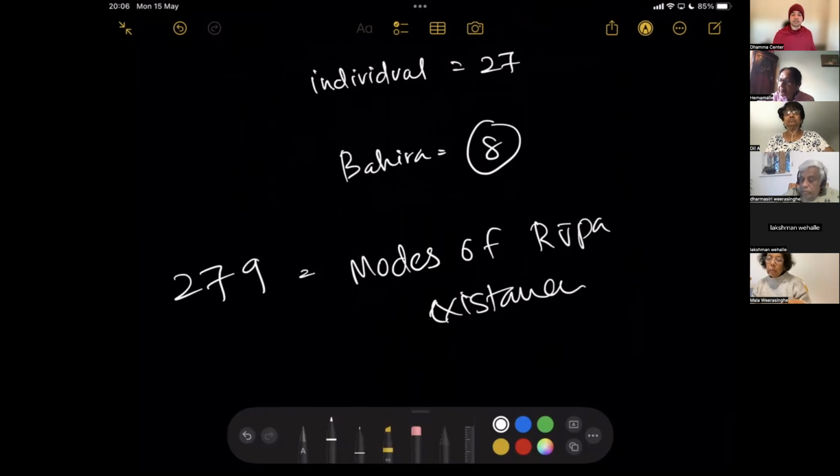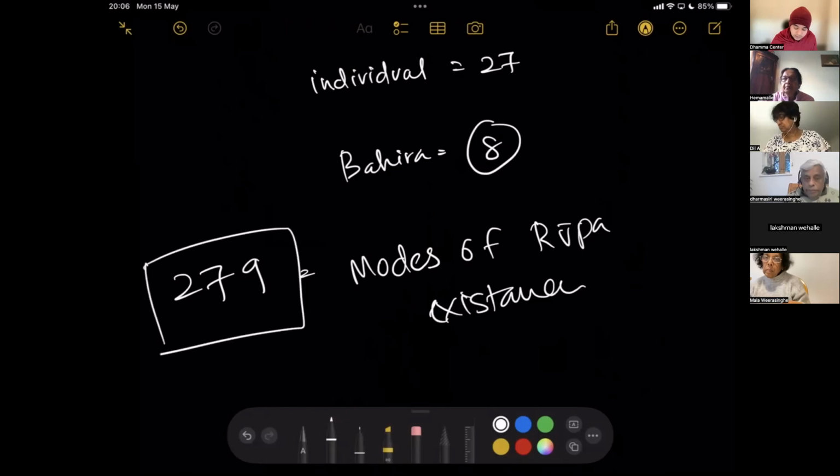So under Rupa Kanda, we are going to study 279 different modes of Rupa. So 266 under Chittupada Kanda, 279 under Rupa Kanda.